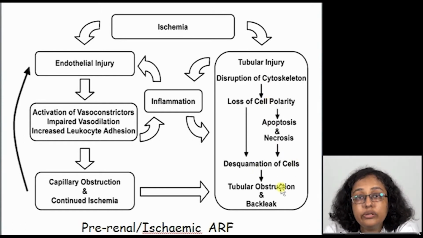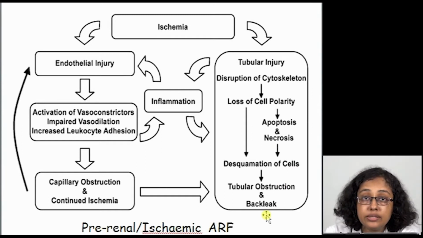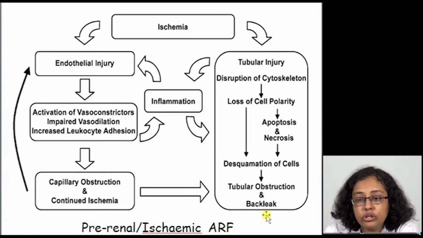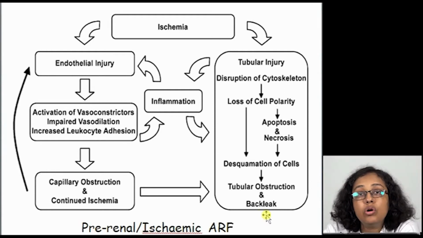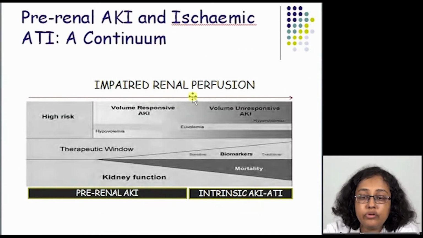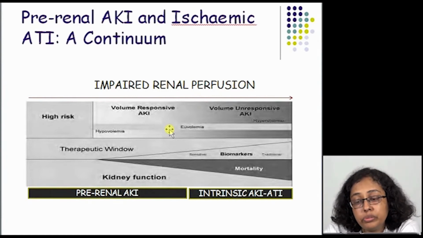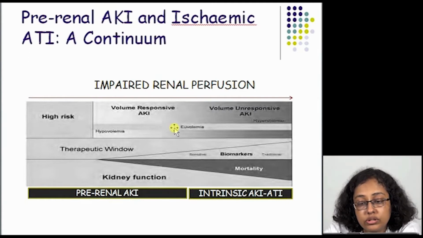So, both inflammation and ischemic injury are at play when the patient has a pre-renal or ischemic acute kidney injury. So, as I said earlier, any cause which causes pre-renal ARF or pre-renal AKI can also, if prolonged for a sufficient period of time, lead to acute tubular injury and even acute tubular necrosis.